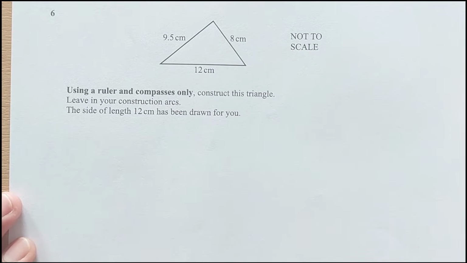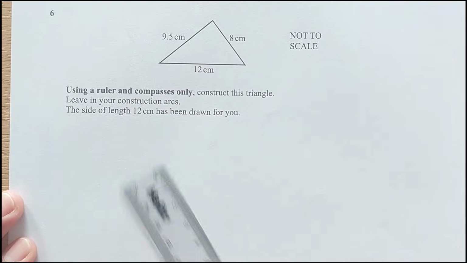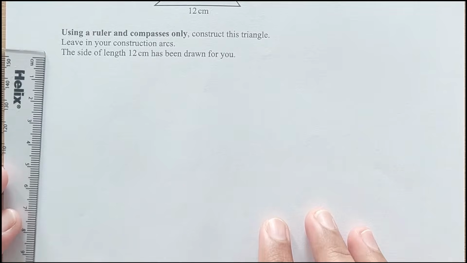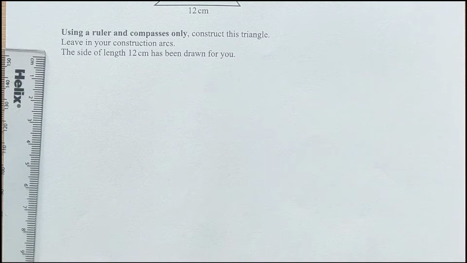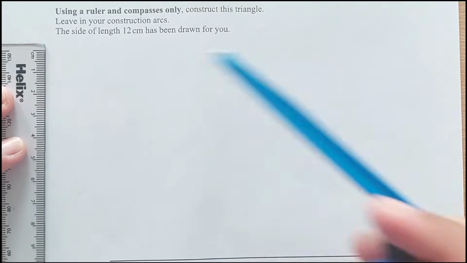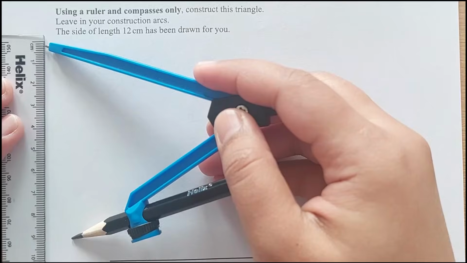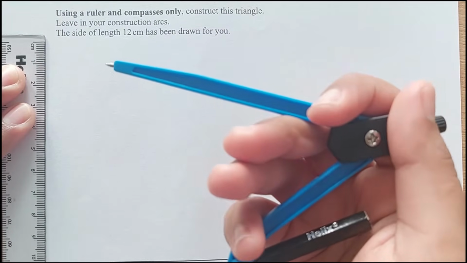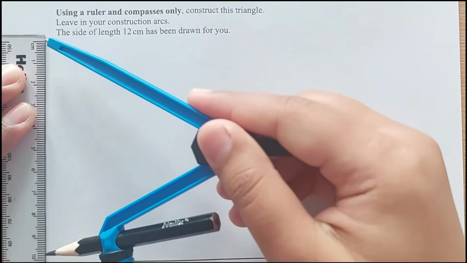So we have to open the compass to 9.5 centimeters. This is the scale for centimeters. Let me open the compass. As you can see, from 0 centimeters, this is 9 centimeters, a little bit more.